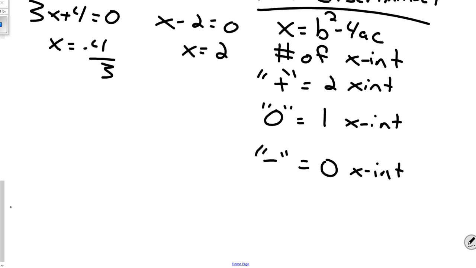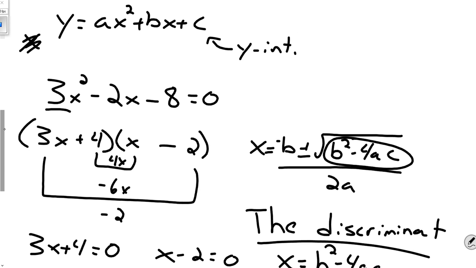So now, the last thing we're going to cover before the final is going from standard form to vertex form. In standard form, it gives you x-intercepts and a y-intercept, but you still need the vertex.